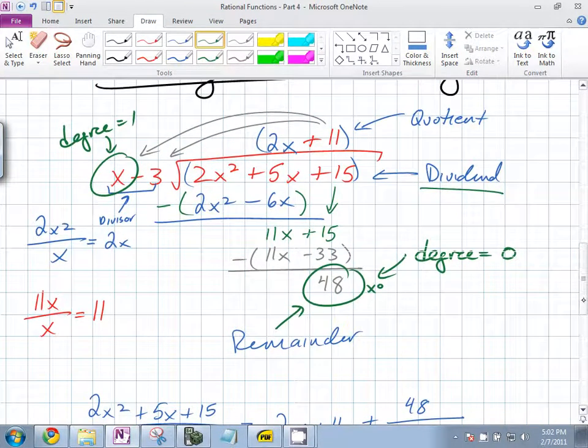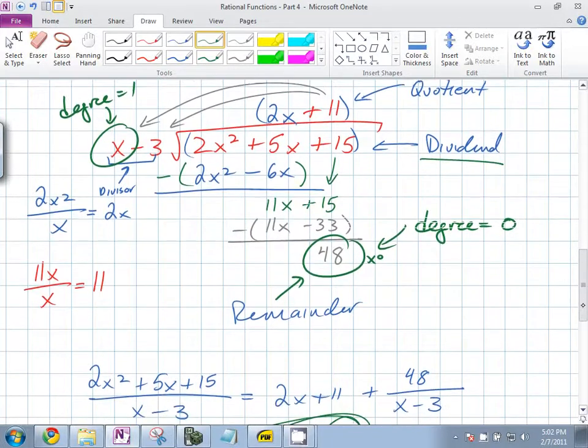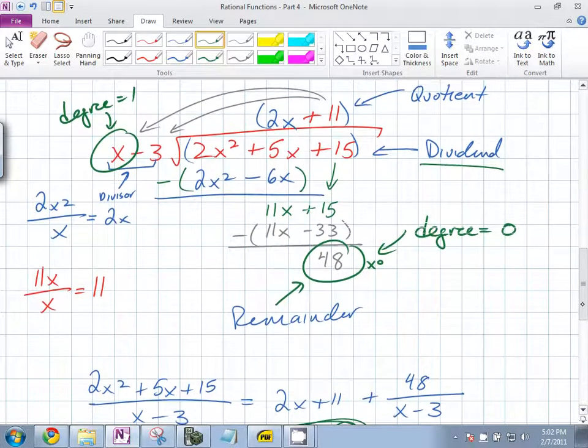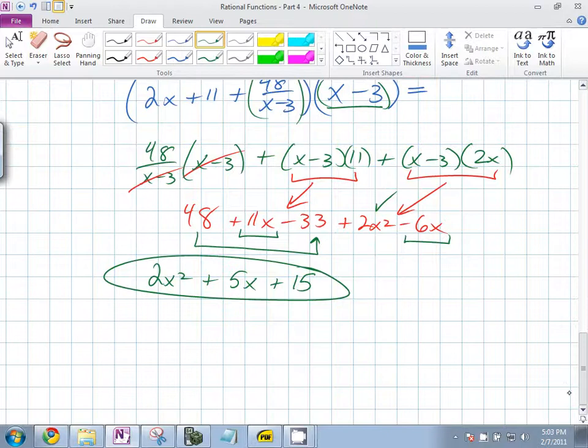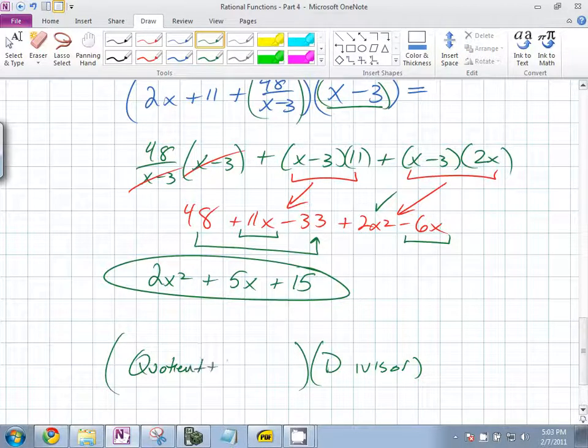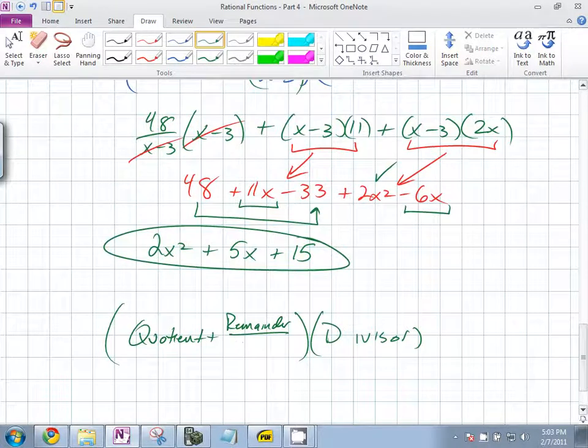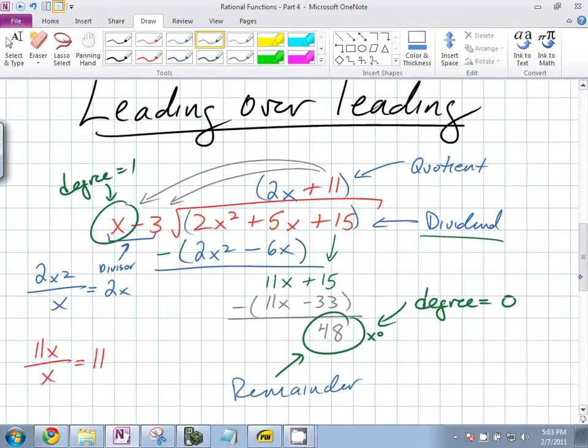So just remember, if you want to check a long division, you are going to multiply the divisor, in this case the x minus 3, and then you have the quotient plus remainder over the, in this case, x minus 3 divisor, and that should equal the dividend.